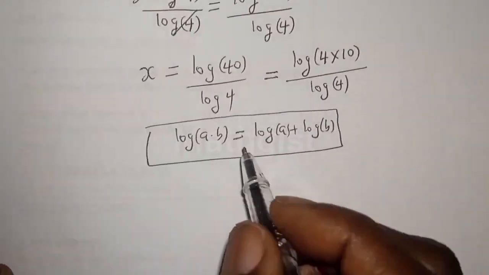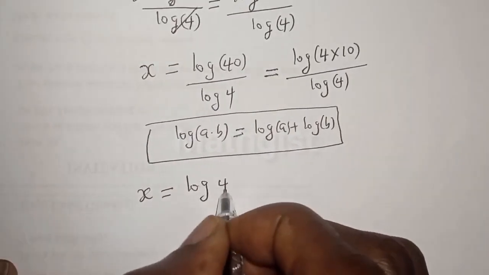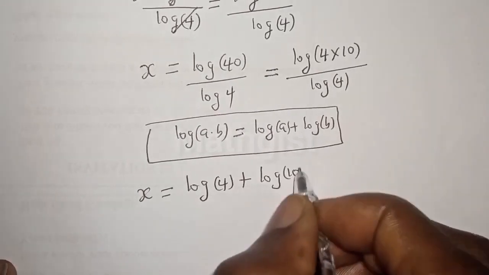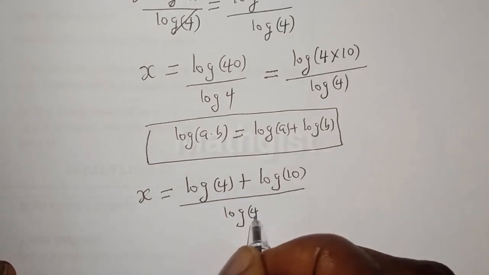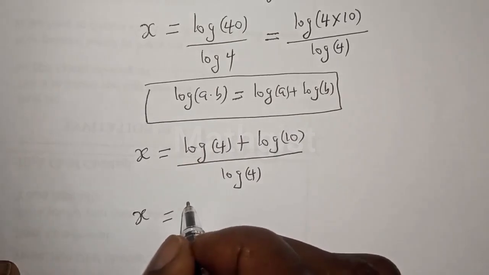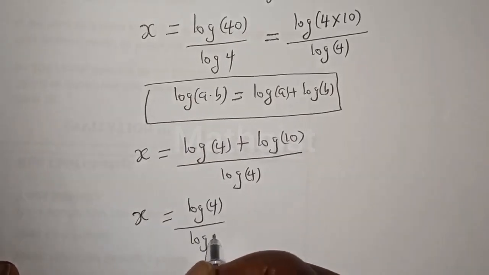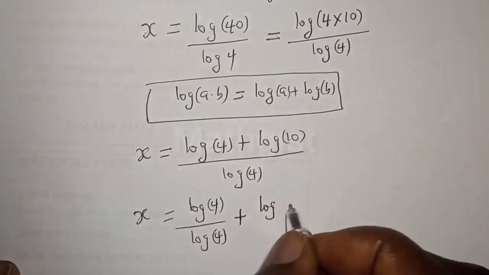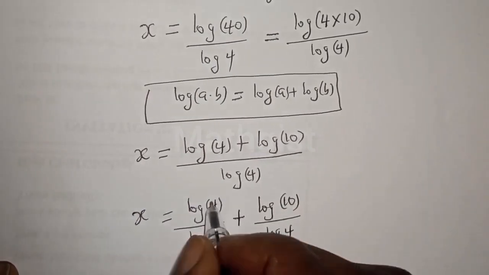Then this can be written as s is equal to log 4 plus log 10 over log 4. Then this is s is equal to log 4 over log 4 plus log 10 over log 4.